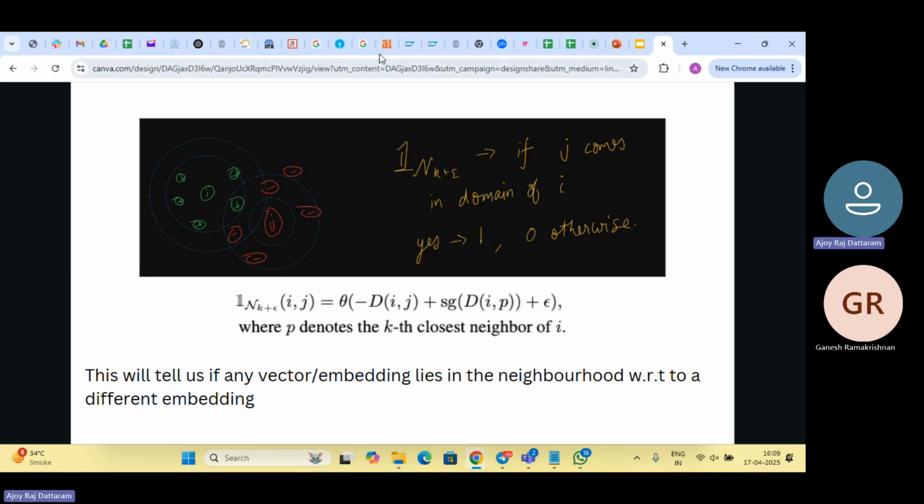Then this function, 1 if j is in the k plus epsilon nearest neighbors, finds whether a sample is in the neighborhood of the other sample. Like, is j in the neighborhood of sample i? This is what it is calculating, and it is based on distance.